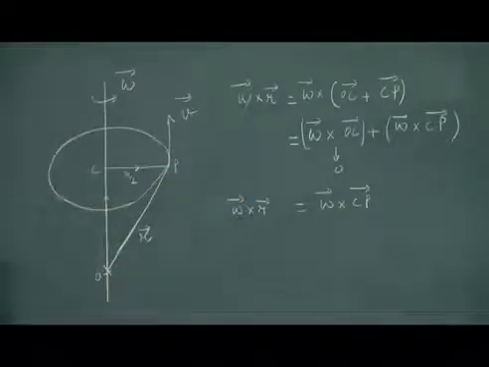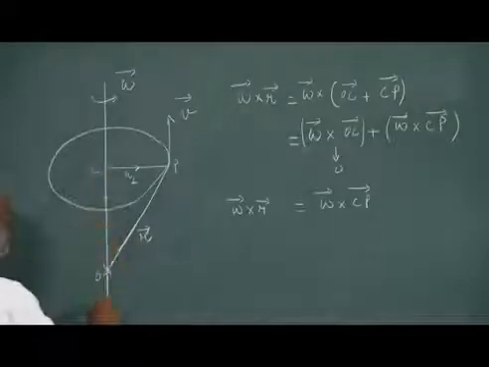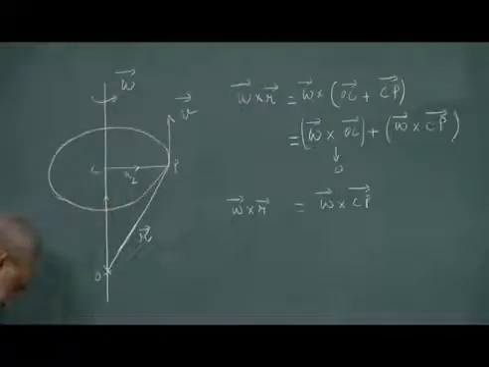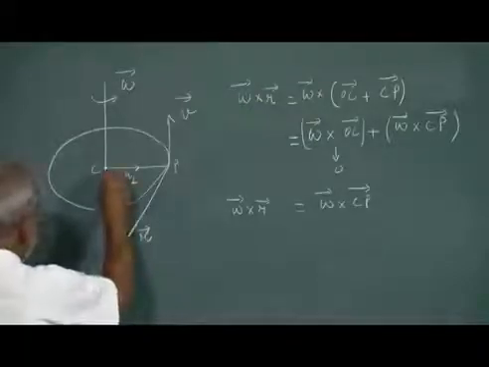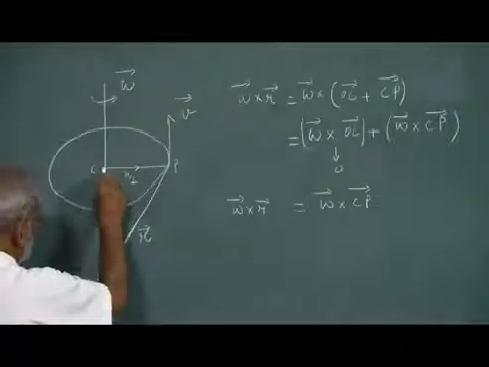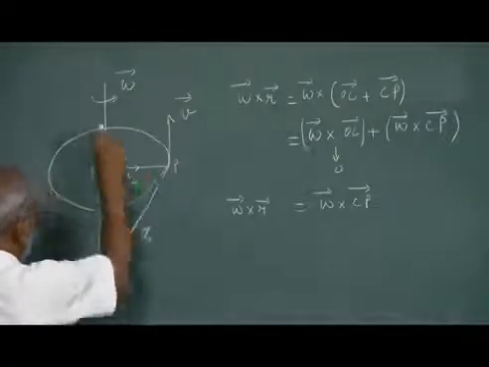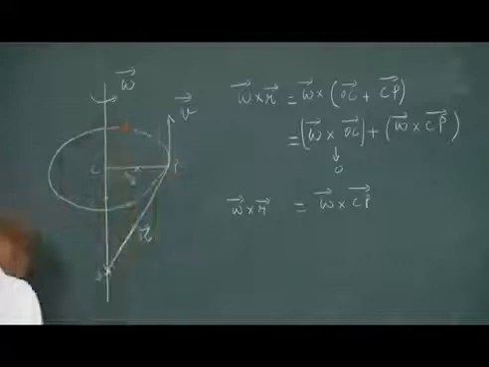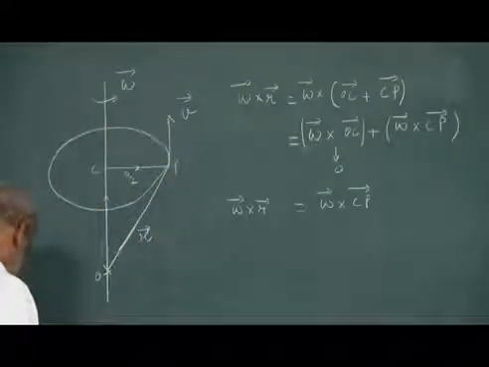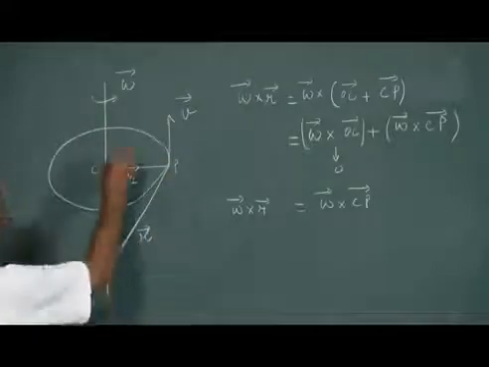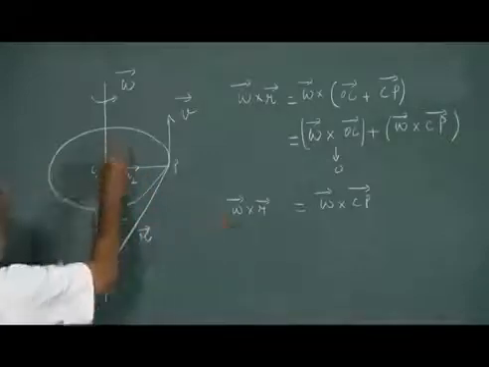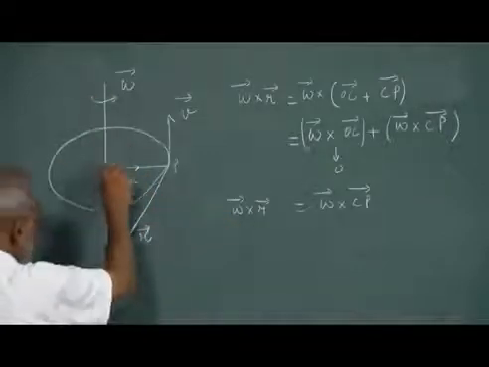See, omega cross CP is perpendicular to both omega and CP vector, and what is the vector which is perpendicular to this as well as this? That is this v vector. Okay. So let me repeat this, omega cross CP is perpendicular to omega vector as well as CP vector.